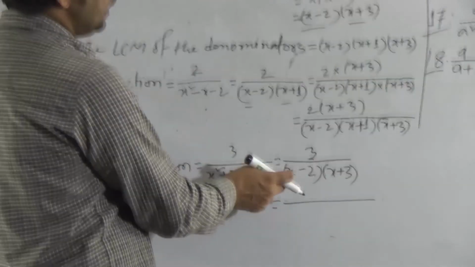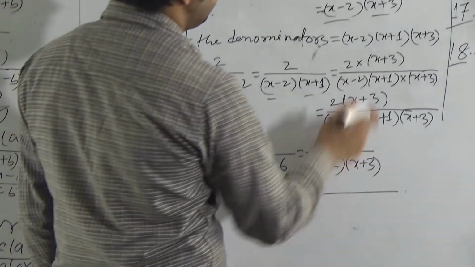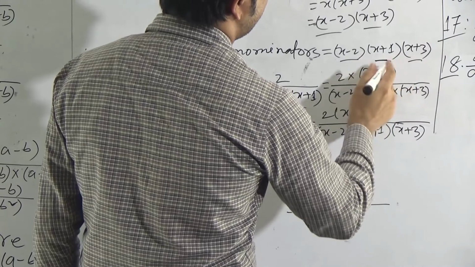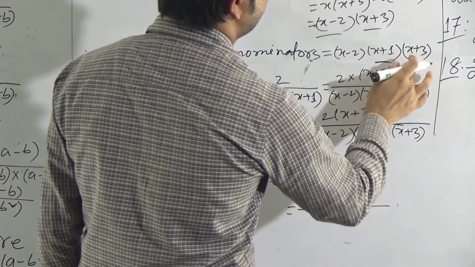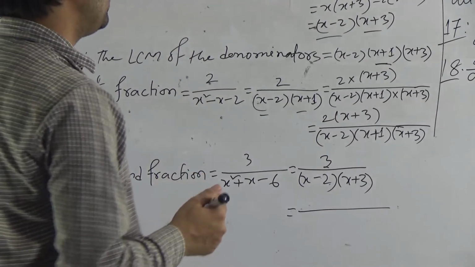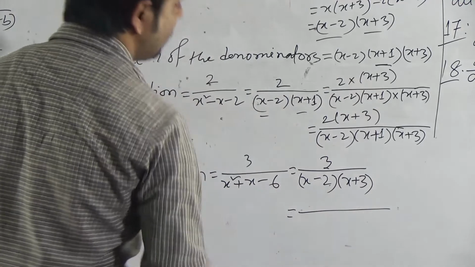If we divide the LCM by the denominator here, x minus 2 and x plus 3 will vanish, only x plus 1 will be the quotient if we divide by the denominator of the second fraction. So we need to multiply both the numerator and denominator by x plus 1.